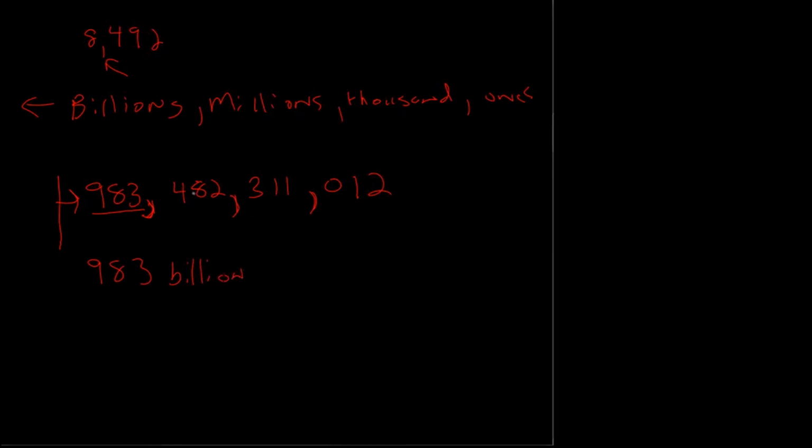So 983 billion, 482 million, 311,000, and then I have 12 at the end. And so these periods let us read this number, and they let us read it in a natural language. So I would read this as 983 billion, 482 million, 311,000, 12.